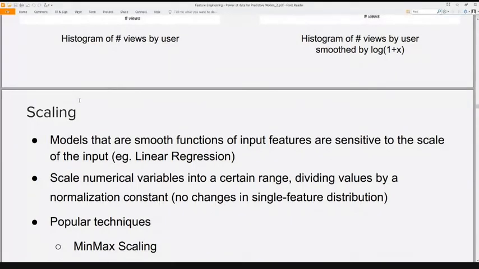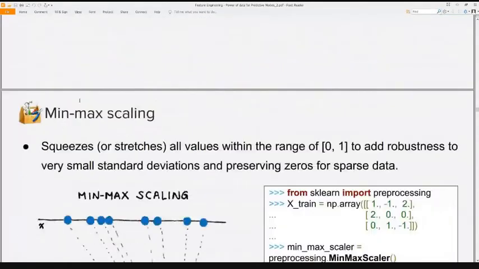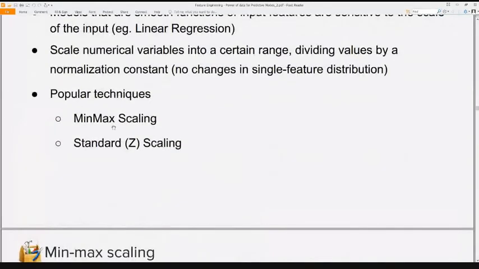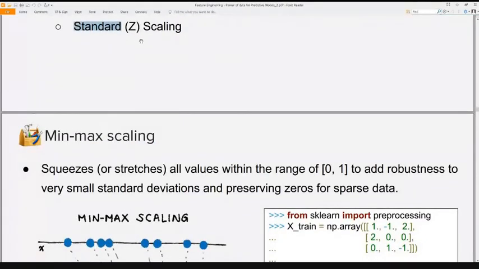So scaling the data into a certain range really works. However, you have to take note that scaling does not affect the feature distribution. So there are two types of scaling. Min-max scaling normally works between 0 and 1. Then we have the normalized scaling or the standard scaling.